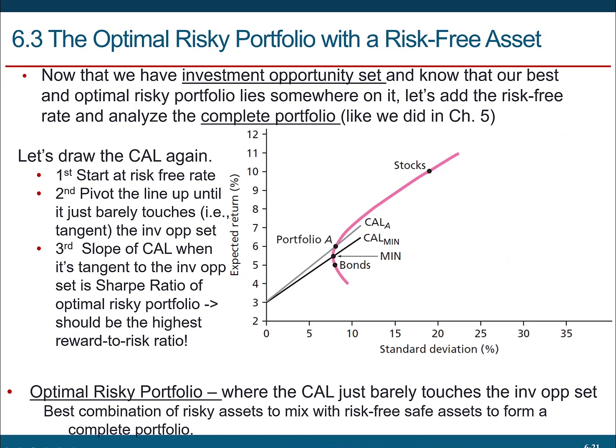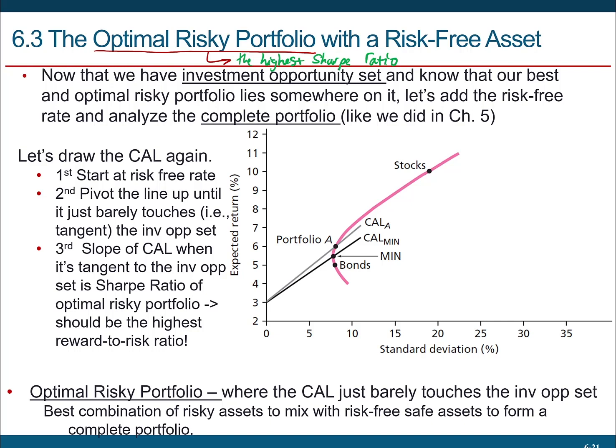So the optimal risky portfolio right here is the one with the highest Sharpe ratio, right?